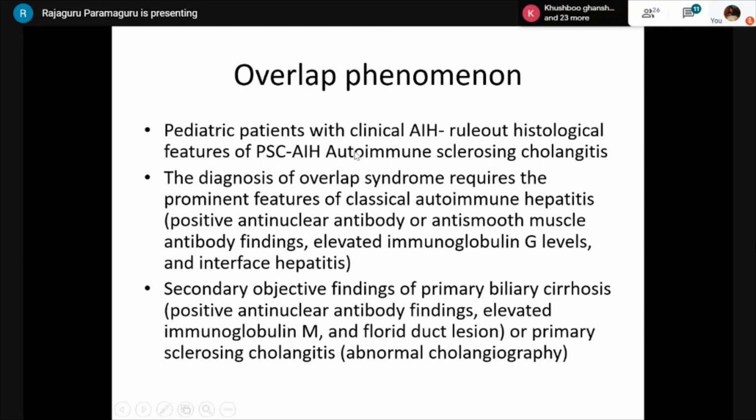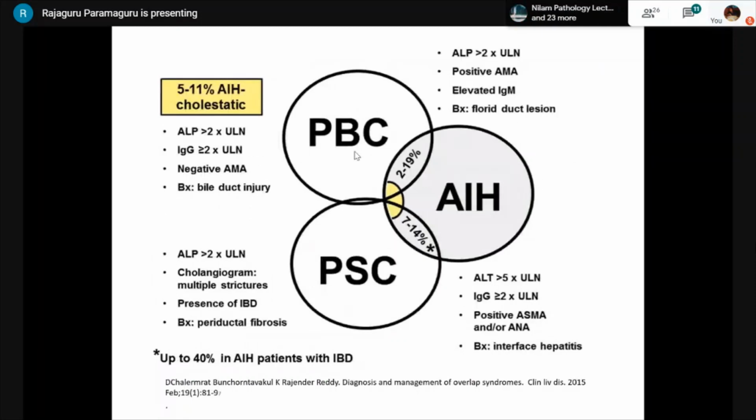So for diagnosis of overlap, first you need to have classical features of autoimmune hepatitis. It is not vice versa. So first you should have classical features of autoimmune hepatitis and then go for the other findings.